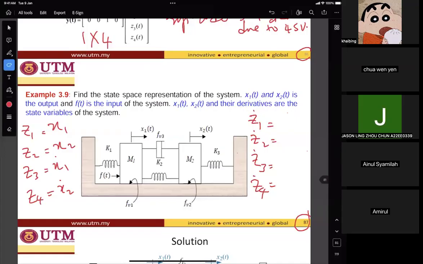Okay. What is the first derivative state vector? Slide 87.